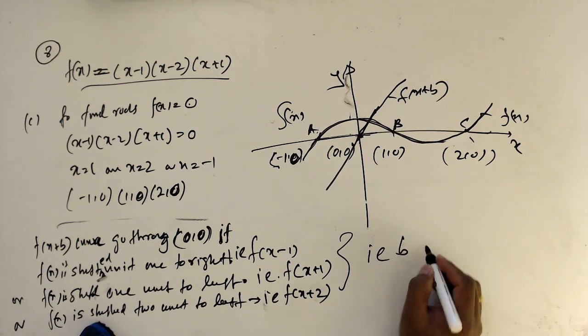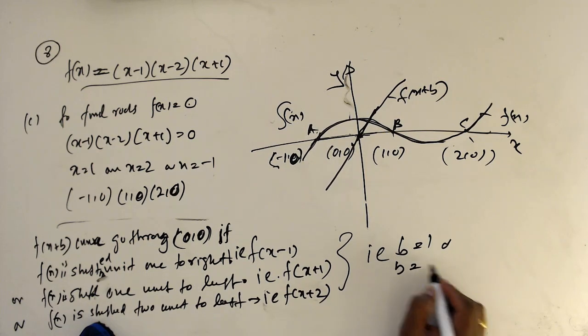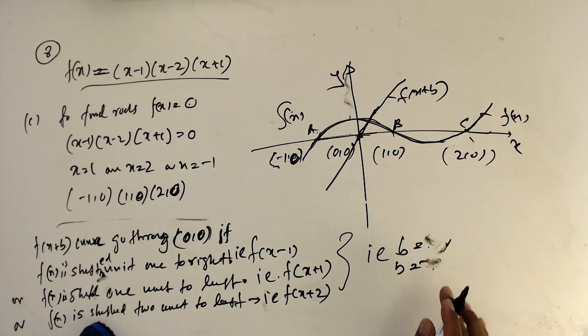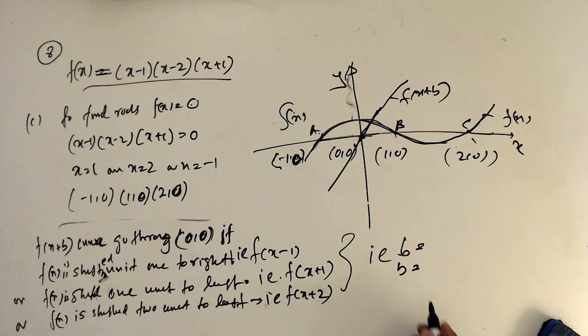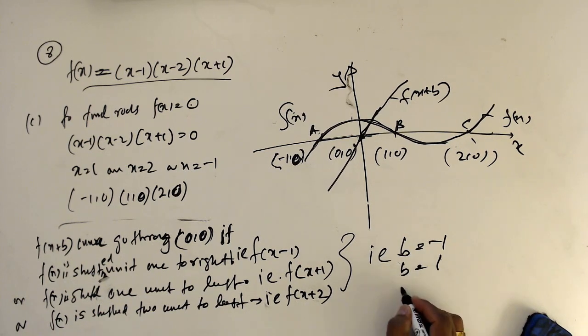That is b equals 1 or b equals, sorry, that is b equals -1, b equals 1, or b equals 2.